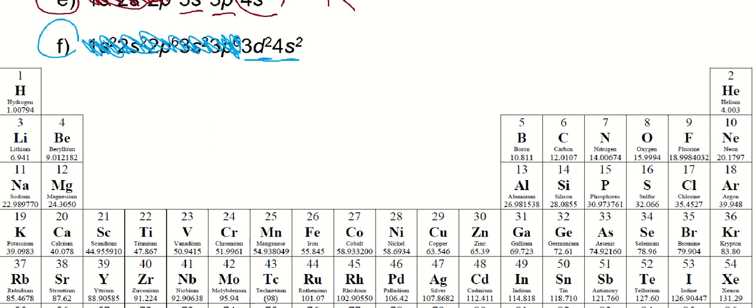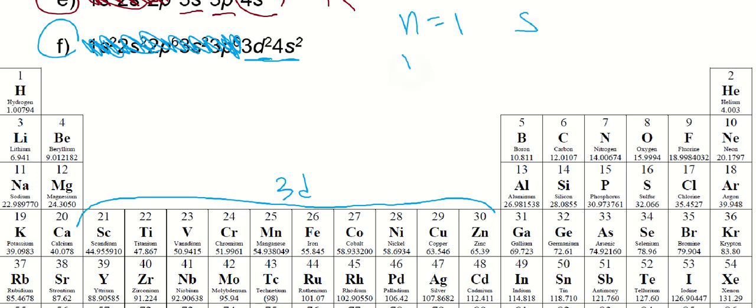So if we go here, let's say you go to 3d first. Here, I'll show you this way. This is your 3d right here. And some of you are like, you're just making stuff up. No, I'm not. I showed you in my last video, n equals 1 only has your s. N equals 2, you have your s's, and then you have your p's, 3 of them.